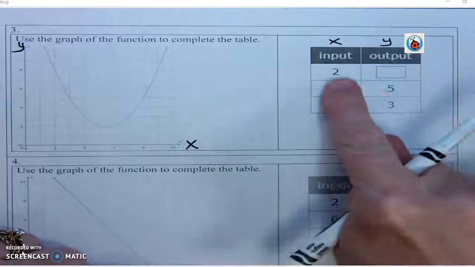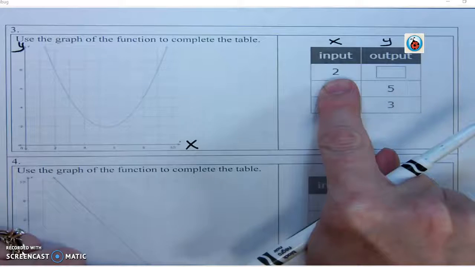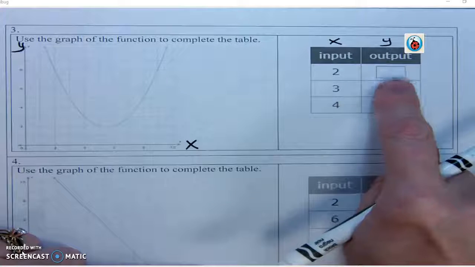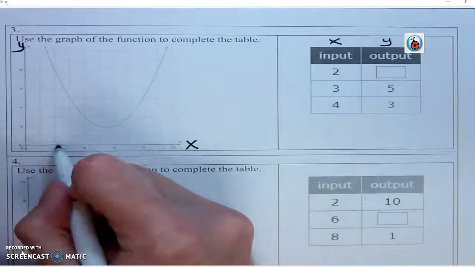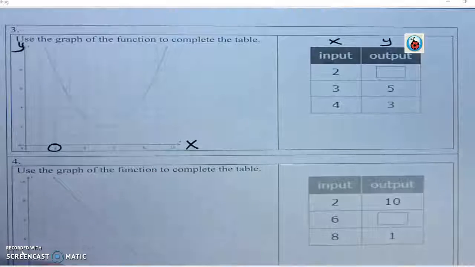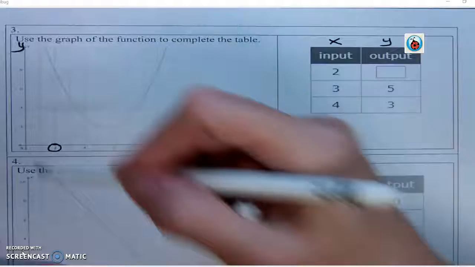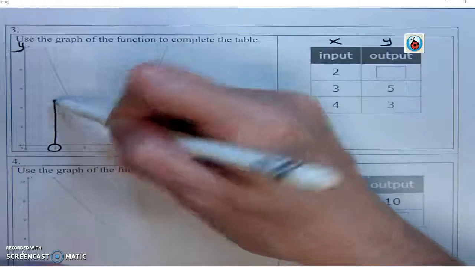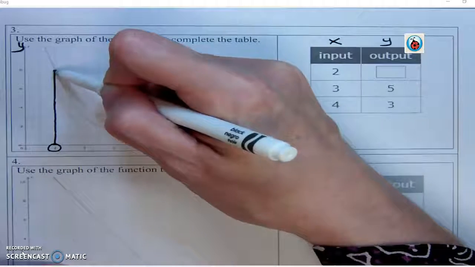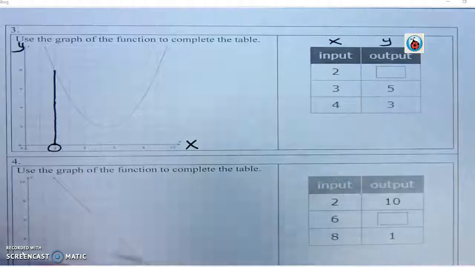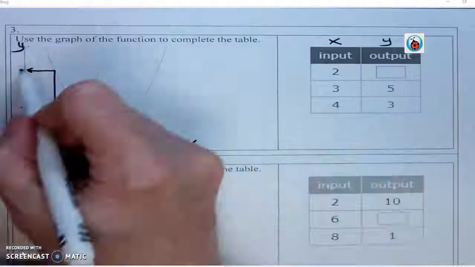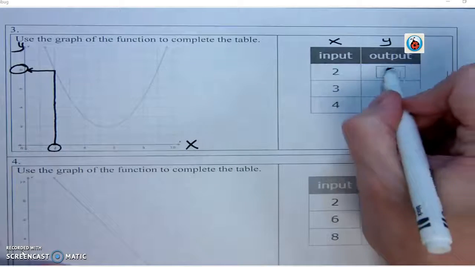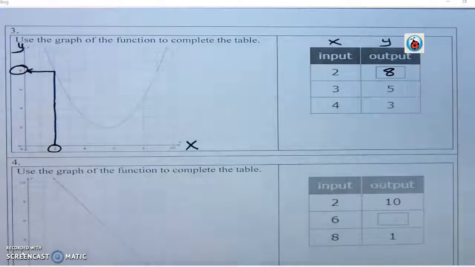We are this time looking for when the input or the X value is 2. What is its corresponding Y value? Its output. So here it is, my X value of 2. Go up to the curve that's here on the graph. Go over to the y-axis and we see it had a corresponding output of 8.